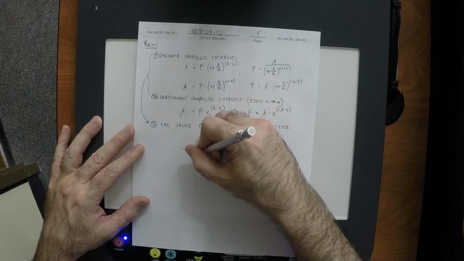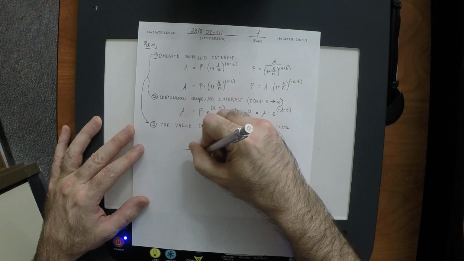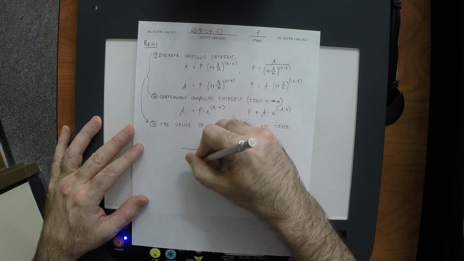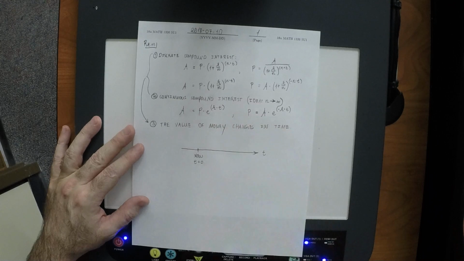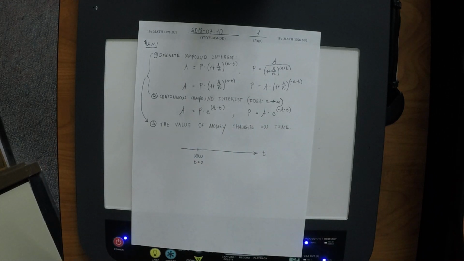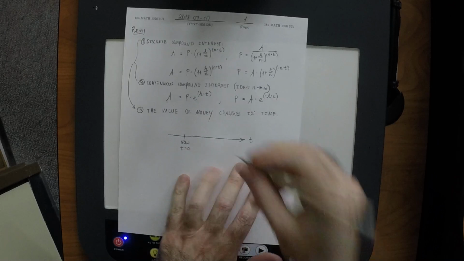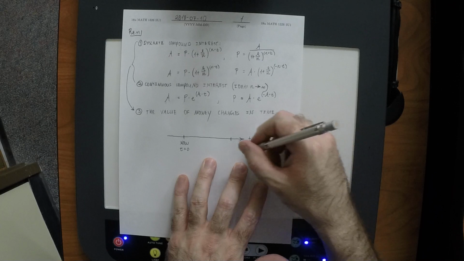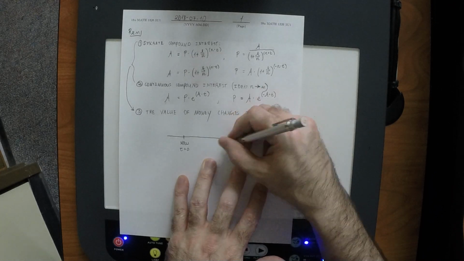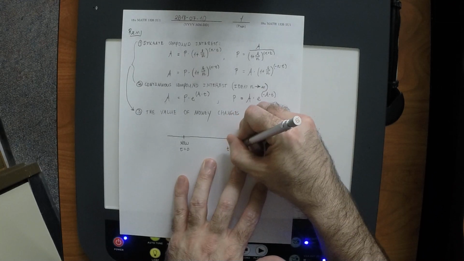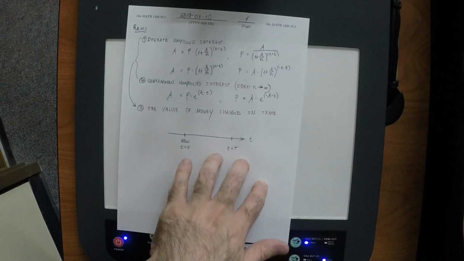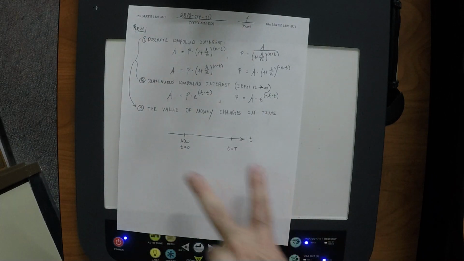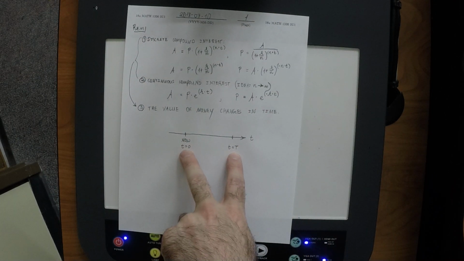And if this is now, usually you select the time of now to be 0. If that's now, then we can imagine, how much money would we have at some future time, little t equal to some time big T. That might be like a week, that might be a year.